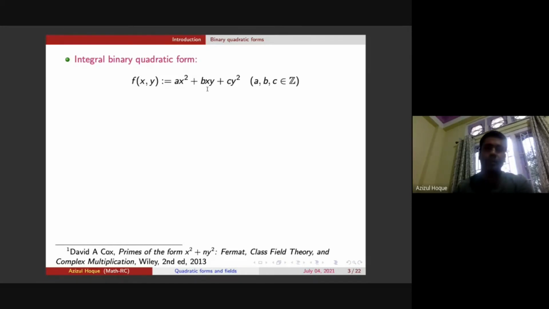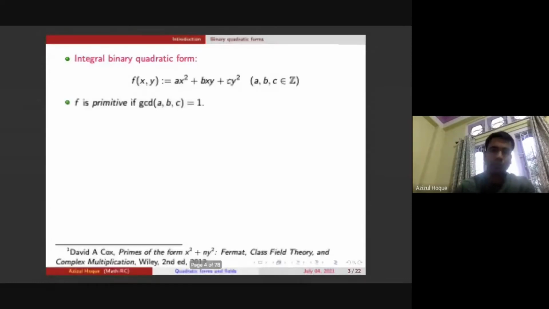Similarly, one can consider n-ary quadratic forms or higher degree forms. Here we consider a, b, c to be coprime; otherwise, you can convert it into that form.